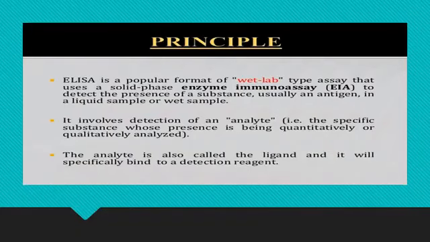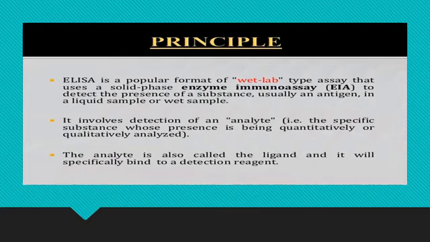ELISA is a popular format of wet lab type assay that uses a solid phase. Solid phase means the microtiter plate or 96-well plate. It is an enzyme immunoassay to detect the presence of a substance, usually an antigen, in a liquid sample or a wet sample.